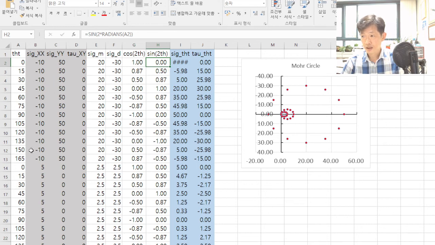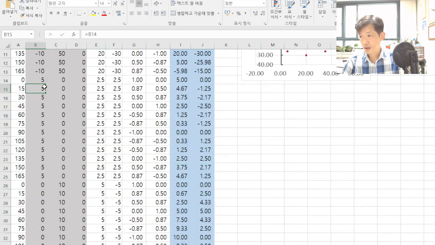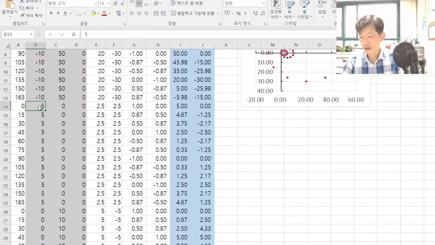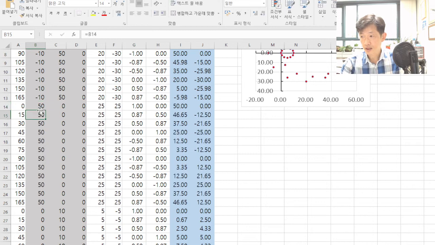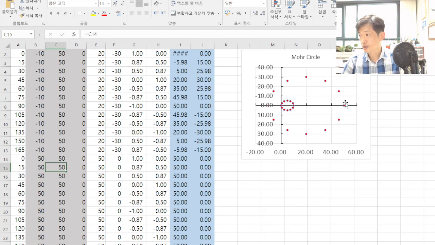And for the second one, the YZ plane, we have 50 and 50. This is the biaxial condition. The Mohr circle is condensed into a single point.